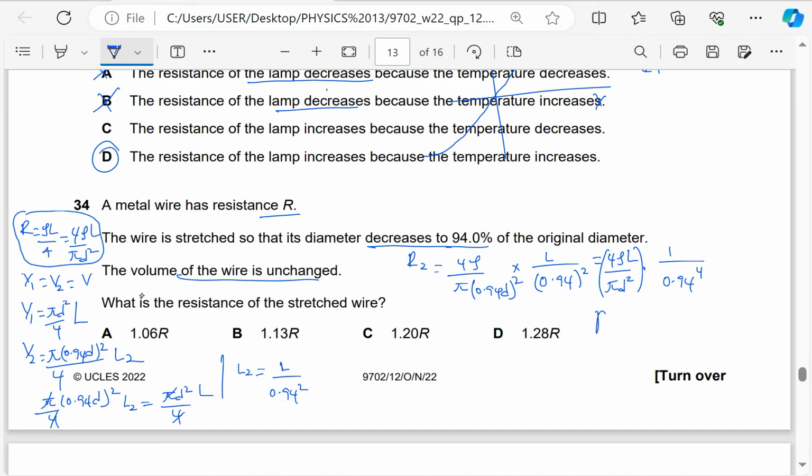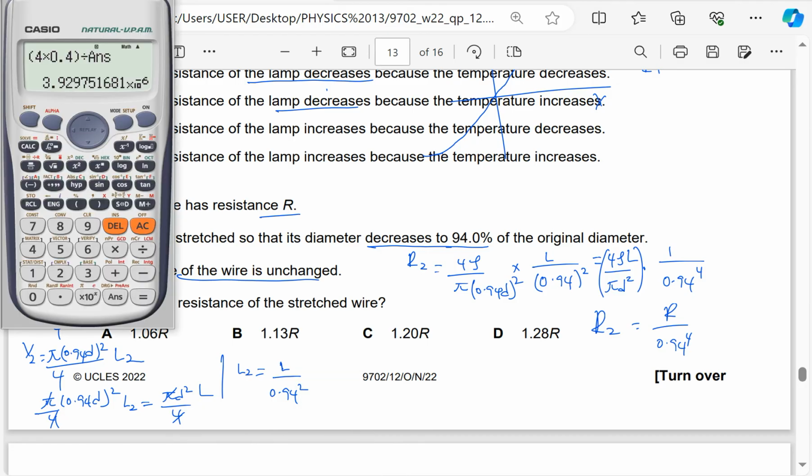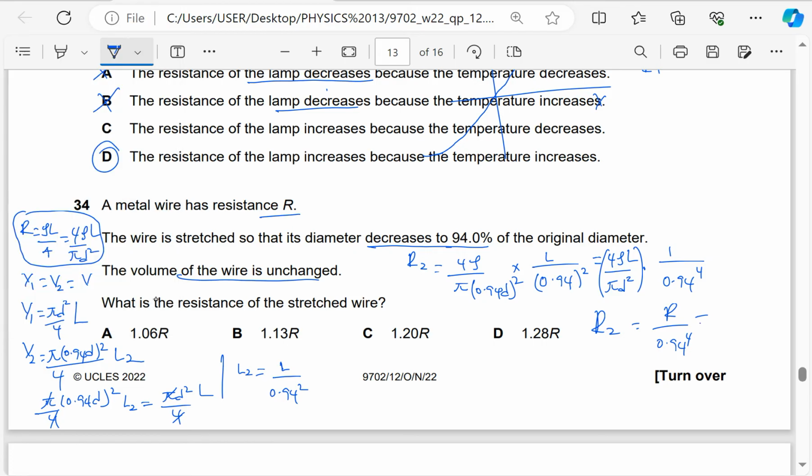So it means R2 is equal to R times that, which is R over 0.94 raised to power 4. I'll check this. 1 divided by 0.94 raised to power 4. So it's 1.28. So this is 1.28 times R. So the answer is going to be D.